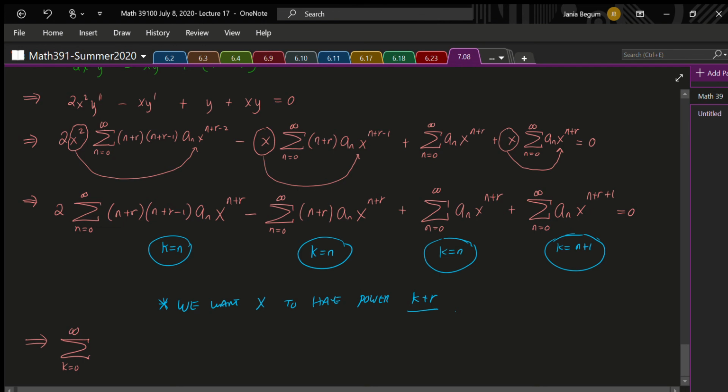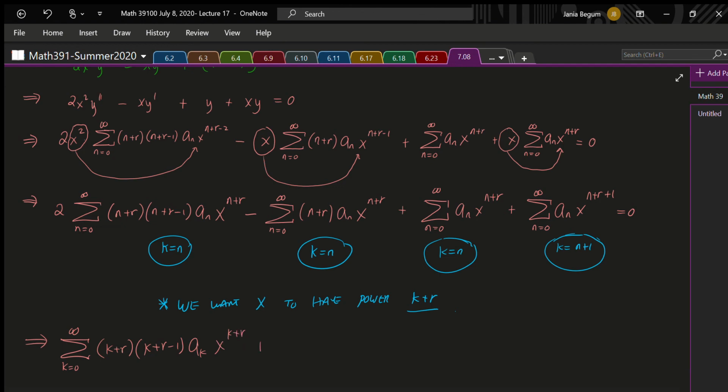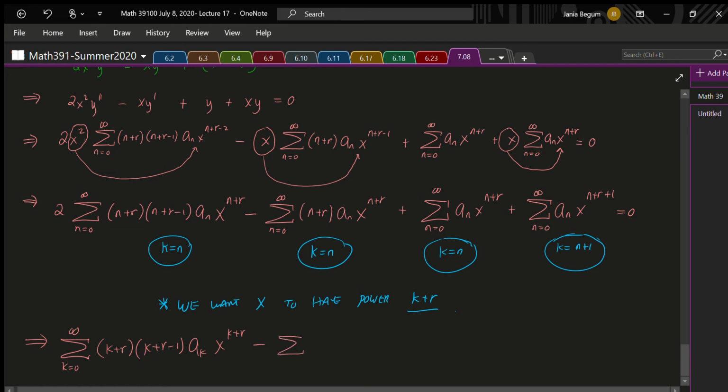And then we have k plus r times k plus r minus 1, a_k x to the k plus r, minus the summation of k equals 0 to infinity, k plus r, a_k x to the k plus r, plus the sum k equals 0 to infinity, a_k x to the k plus r.